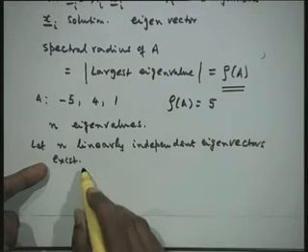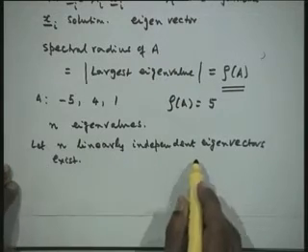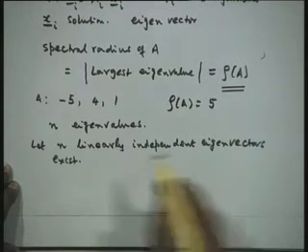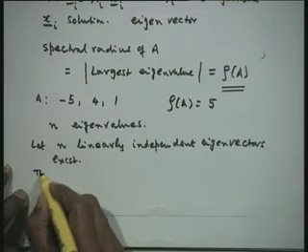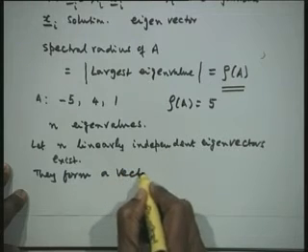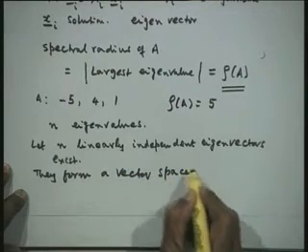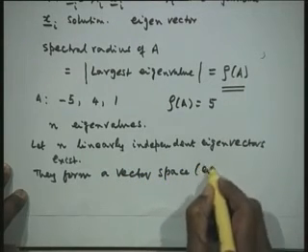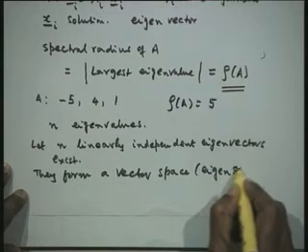Therefore, since these are n linearly independent eigenvectors, they form a vector space which we call the eigenspace.